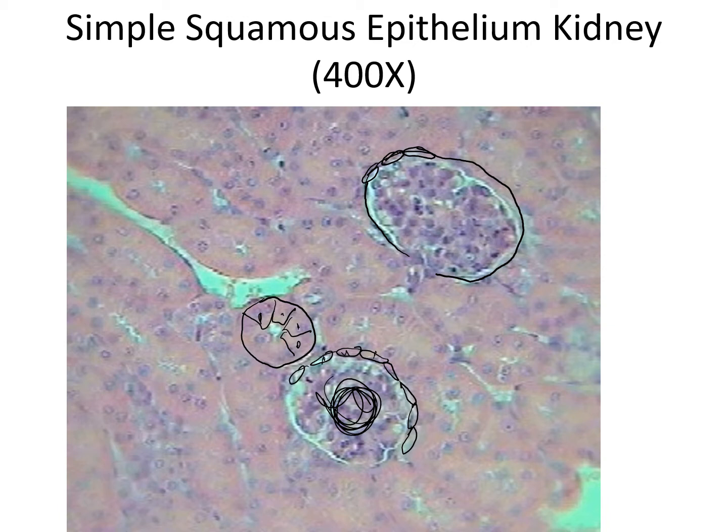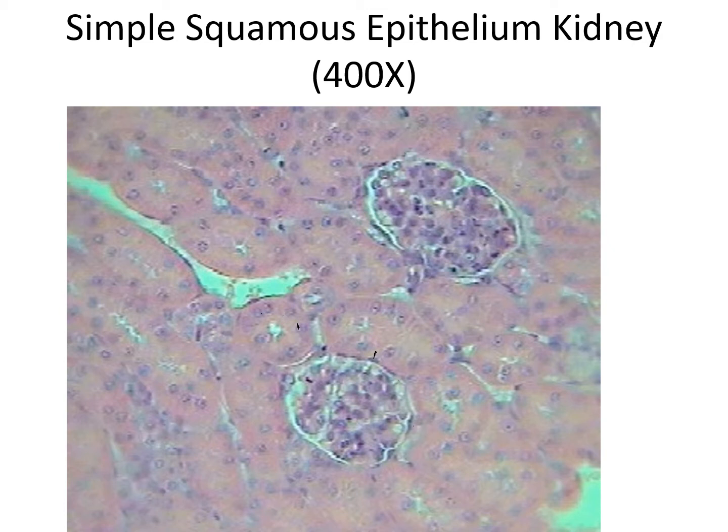So on your lab exam, actually, you will have a pointer, and you will need to identify the tissue at the pointer. So, for example, if a pointer points right here, then you will identify simple squamous.